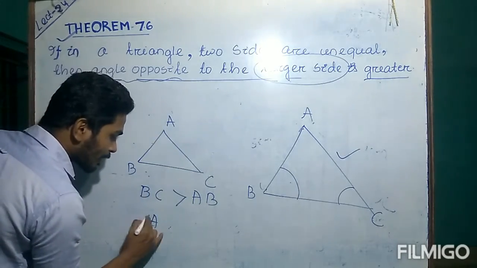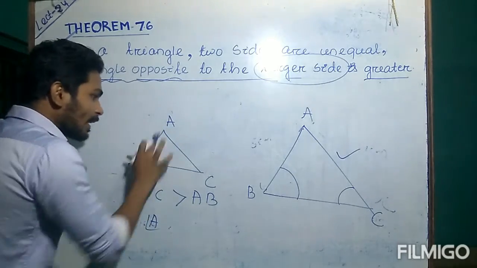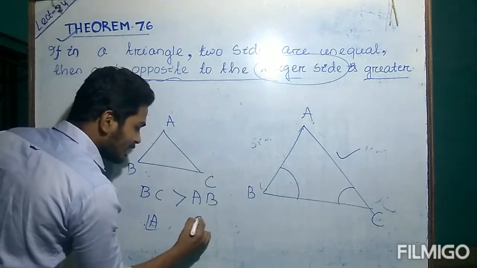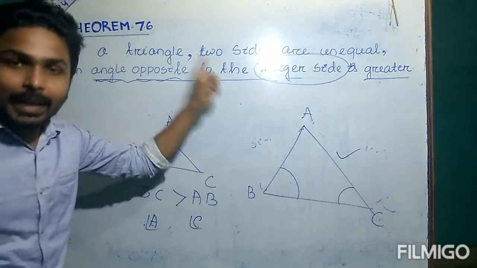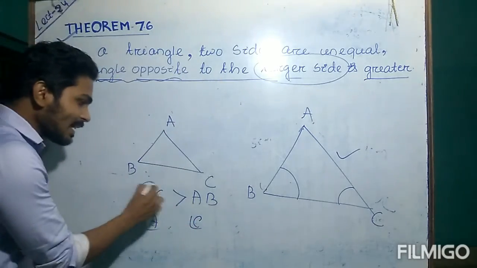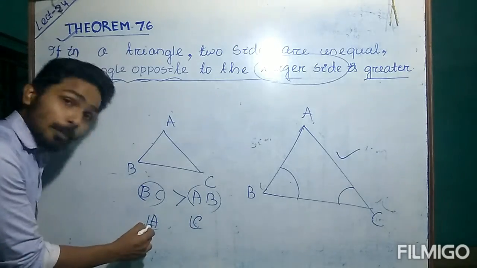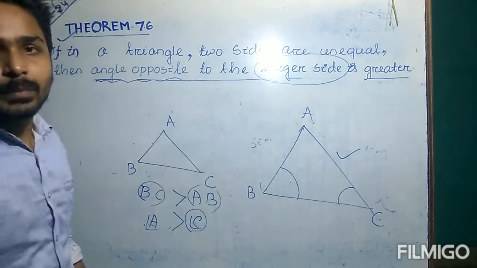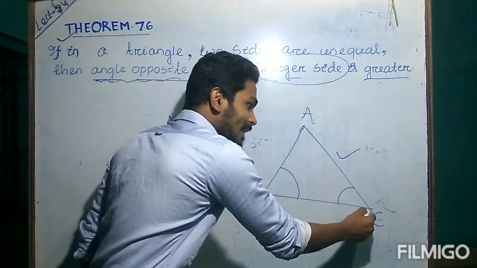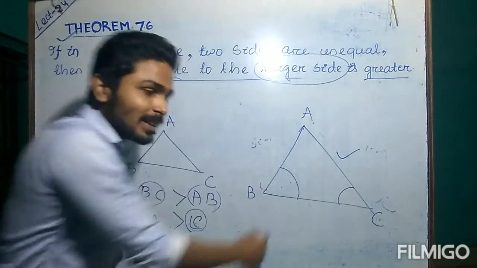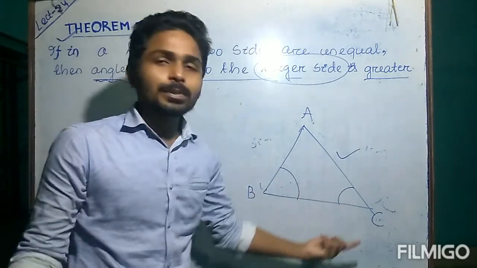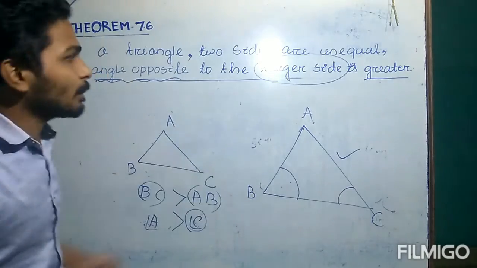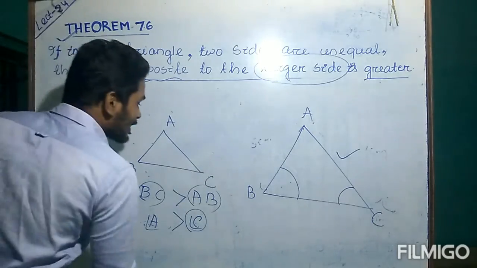Angle A. Which one is the opposite angle of AB? Angle C. According to this theorem, if this side is greater than this side, then its opposite angle is greater than this opposite angle. If a side is greater, then its opposite angle is greater. If a side is smaller, then its opposite angle is smaller. This is theorem number 7.6 that states.